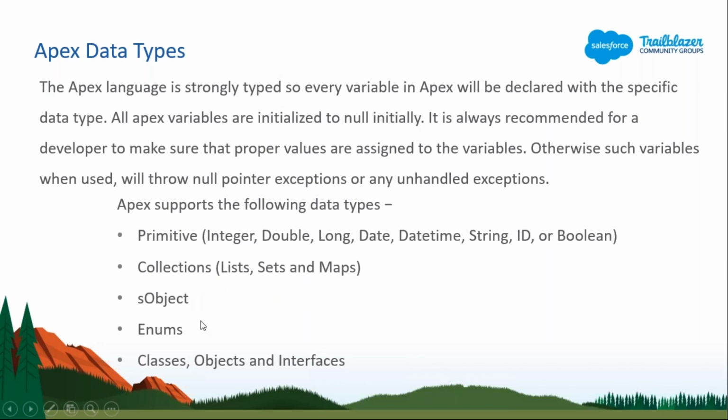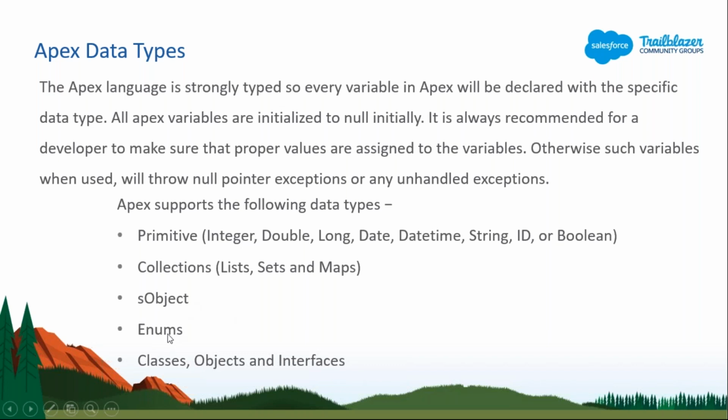We have the sObject data type. So you can use the object name as a data type as well. If you have created a student object, you can use that student object name as a data type, and create records by using that data type.